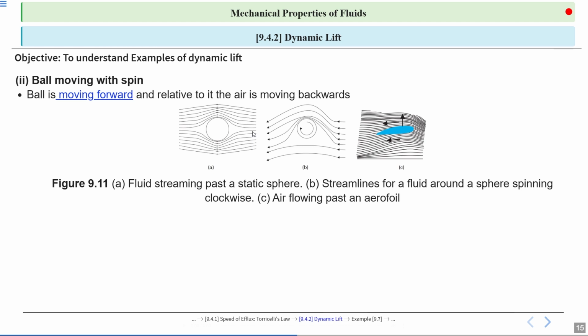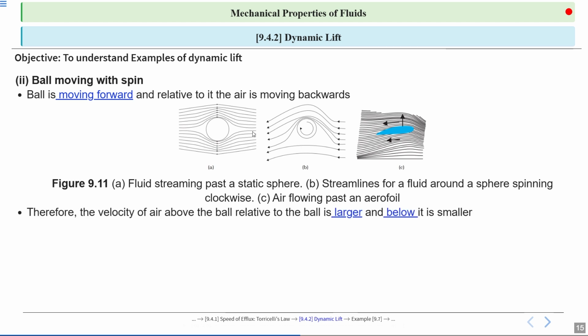So, the figure shows different ways air flows around a ball. Therefore, the velocity of air above the ball relative to the ball is larger and below it is smaller. This difference in speed is crucial because it sets up the condition for dynamic lift.